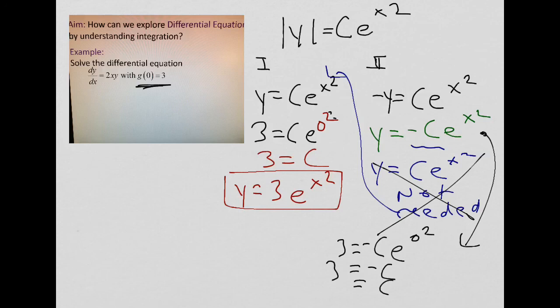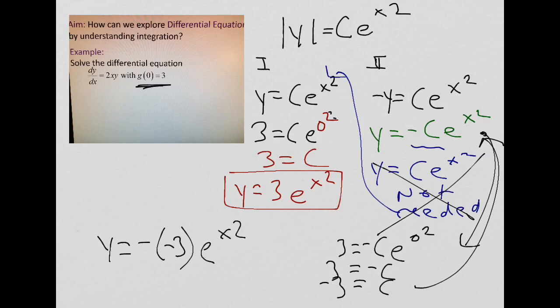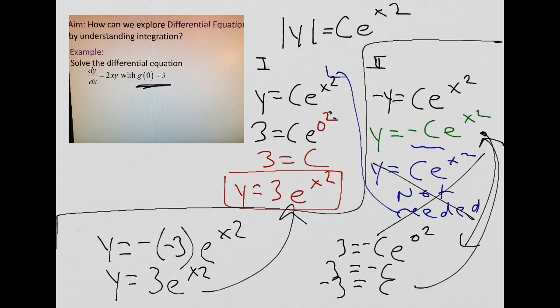So c equals -3. And then you plug that back into what we're working with. So we're working with y equals a negative c. So we have a different value for c, but remember we had a different expression. So our expression still becomes the same exact thing we had in case 1. So once again, it's not needed. I'm going to box that off.